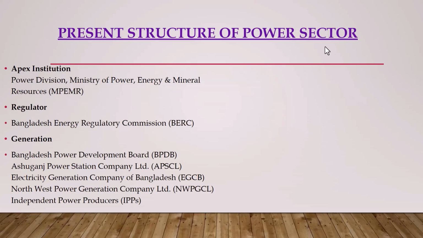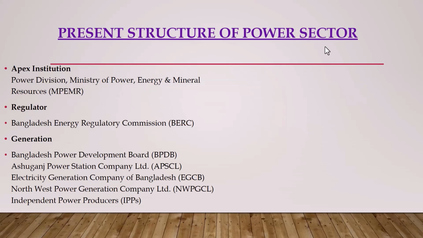Below the regulatory layer, we have the generation entities, and this is where electricity is actually produced. The Bangladesh Power Development Board, or BPDB, is the key public sector player here. It's the largest and oldest body involved in electricity generation. But BPDB isn't alone anymore.